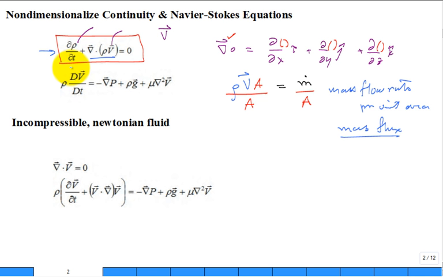Toroidal coordinate system? Forget it. I give up. But this is written for any coordinate system. It's not restricted to Cartesian, but we often use Cartesian because it's using vector differential notation, which is very generic.